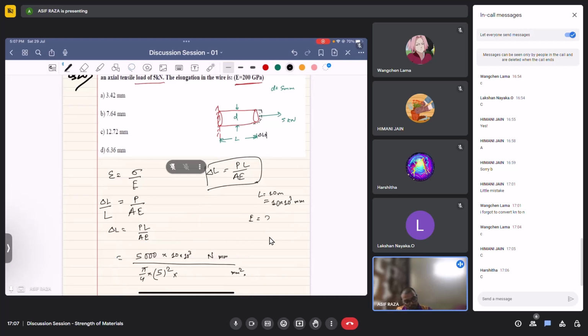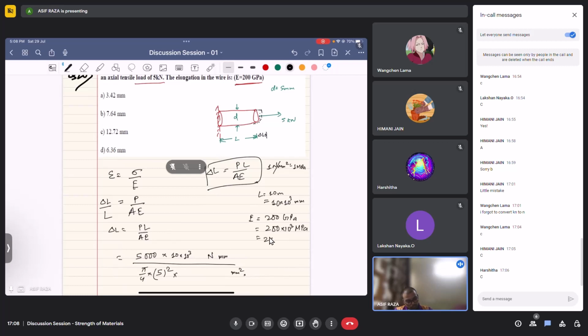E is 200 GPa. If I convert into Newton per mm square, before that, in terms of megapascal, it would be 10 to the power 3 megapascal. Gigapascal is 10 to the power 9 pascal, and megapascal is 10 to the power 6 pascal. So converting gigapascal into megapascal gives 10 to the power 3, and 1 Newton per mm² is equal to 1 megapascal.